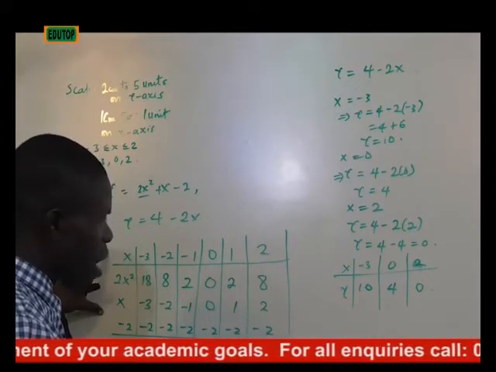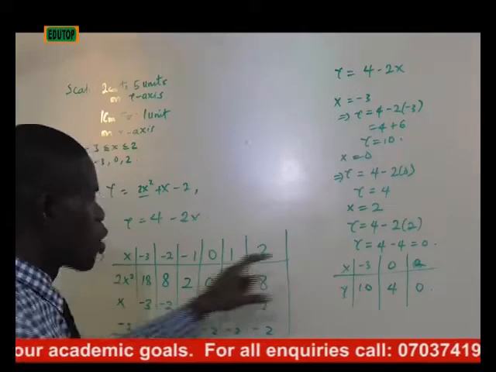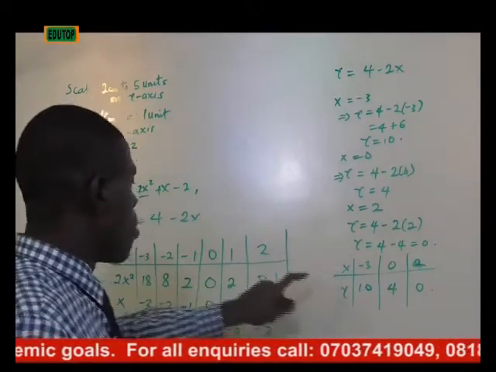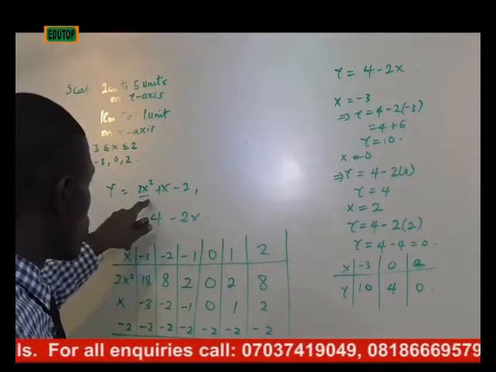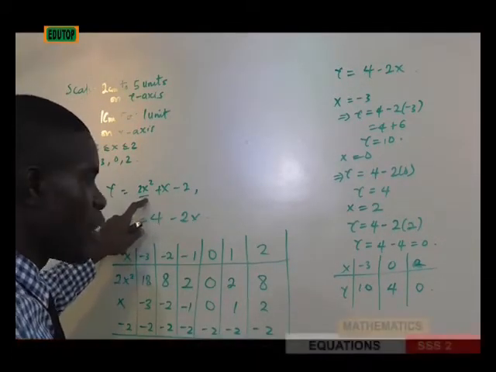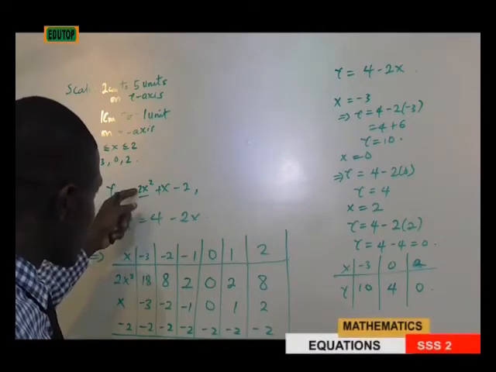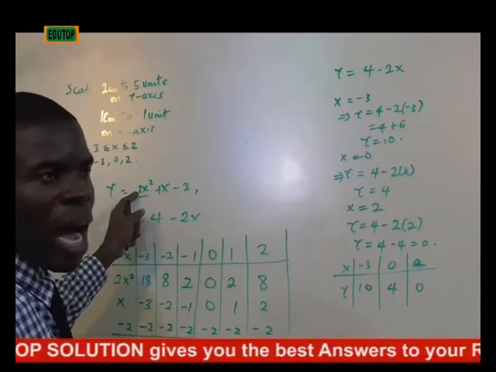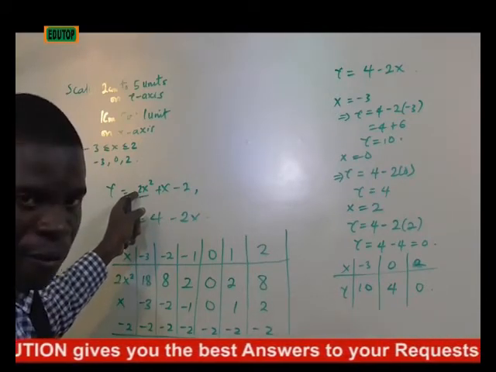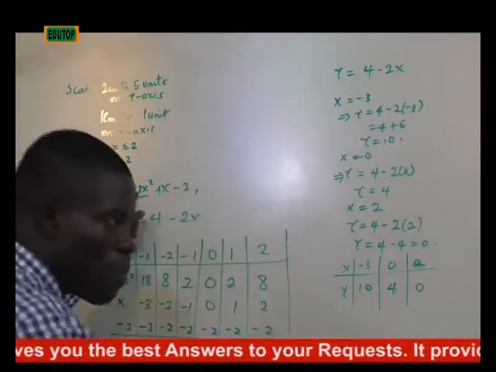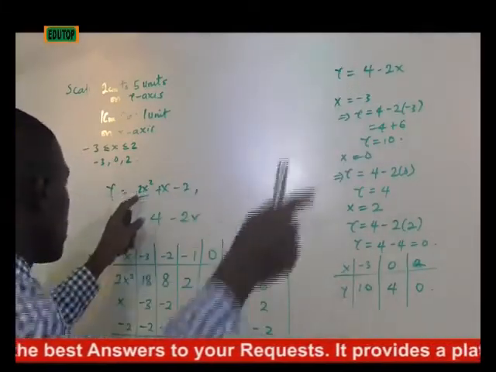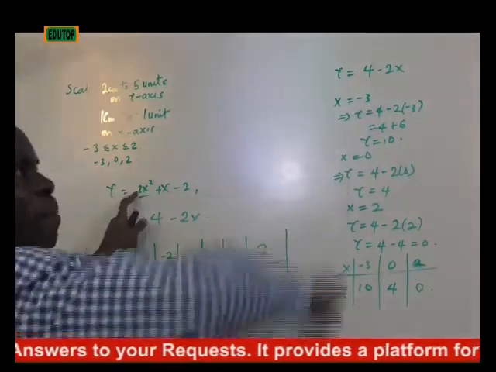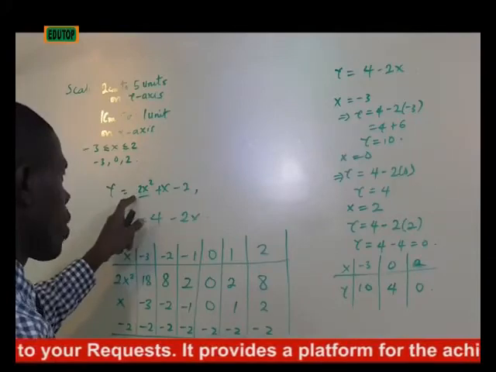I will plot this graph, which is a quadratic graph, and we also plot this graph. But before we plot this graph, we should know that because the coefficient of x squared is positive, we have a minimum graph. But if this had been negative, then we would have a maximum graph. In this situation, we're going to have a minimum graph.